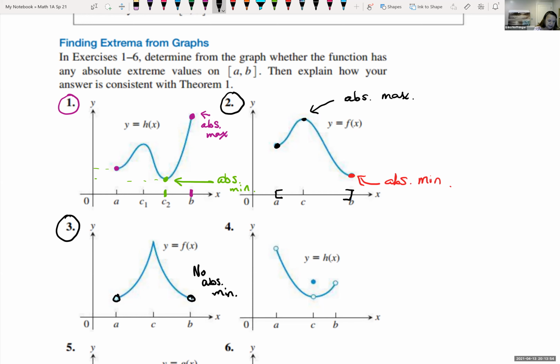It actually does have an absolute max, and that's when x equals c. So that's not the absolute max itself. The absolute max would be f of c. So what is that y value?